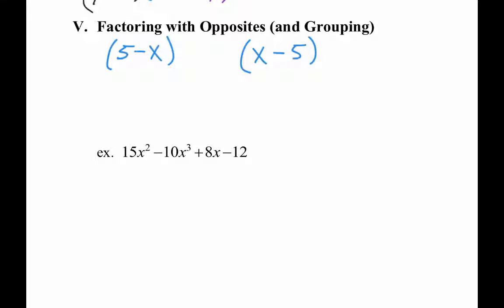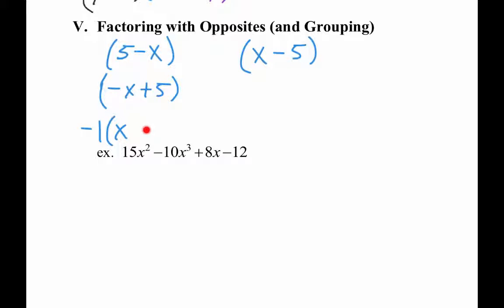But what could I do to this first one to make it look like the second one? If I change the positioning, you're right, it'd give me a negative x plus 5. So we're closer. But if I multiply by a negative, you got a good first step. Now if I have a negative 1 times x, do you agree this times this would give me that?